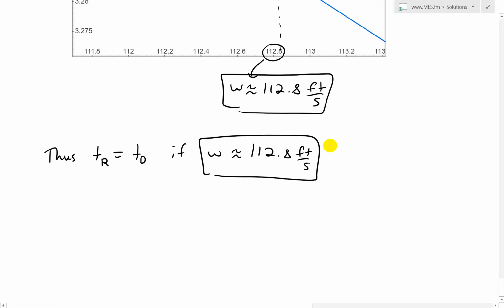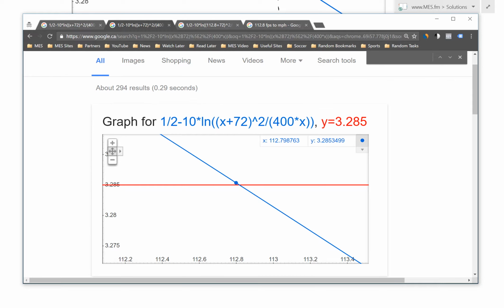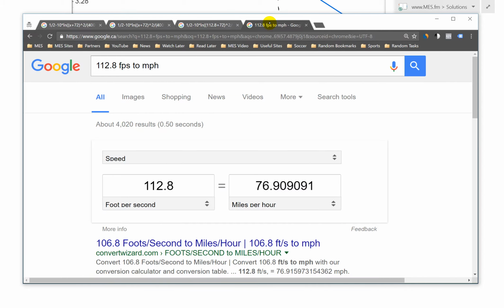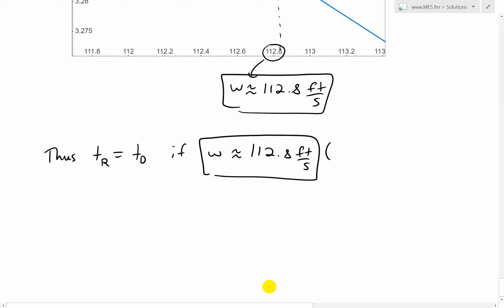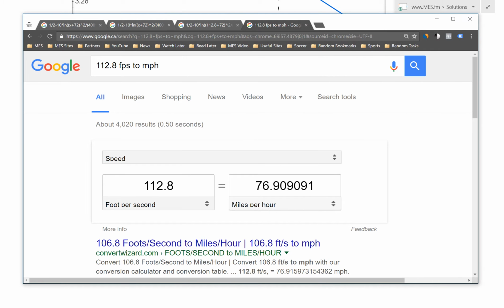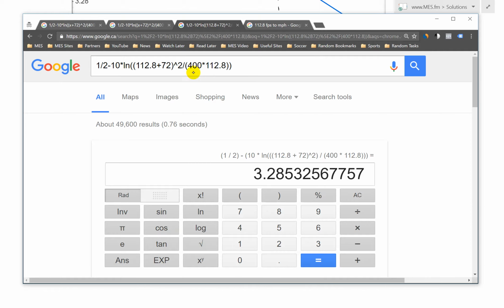And then in miles an hour, just to get a perspective, here's plugging in the Google calculator, 112.8 to miles an hour. This is 76.9. So I'll just round it up to 77 miles an hour.